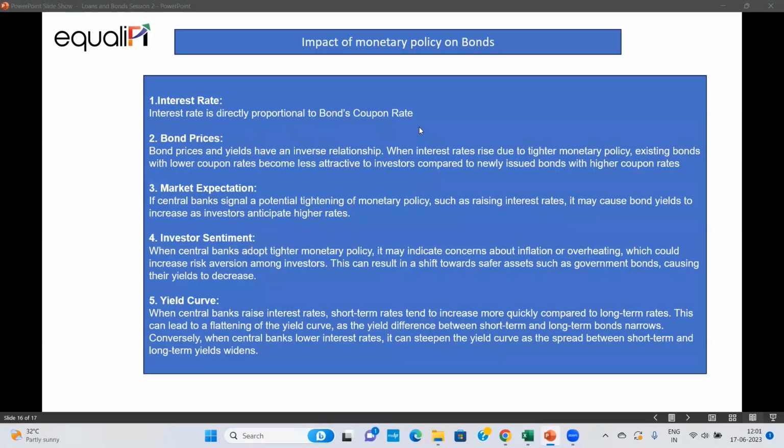On the other hand, when the central bank lowers interest rate, then what happens? The short-term rate falls. Long-term rate doesn't get much affected. So the gap between short-term yield curve and long-term yield curve widens. Now is it clear?